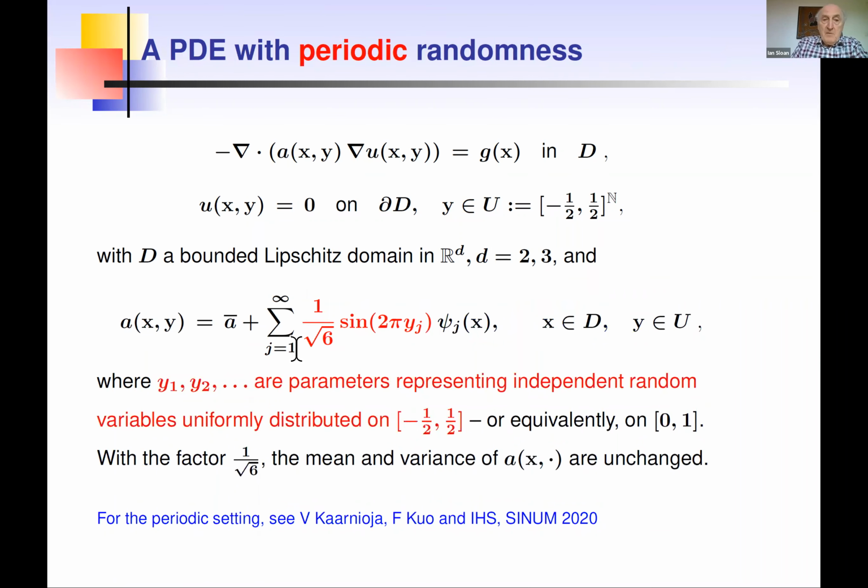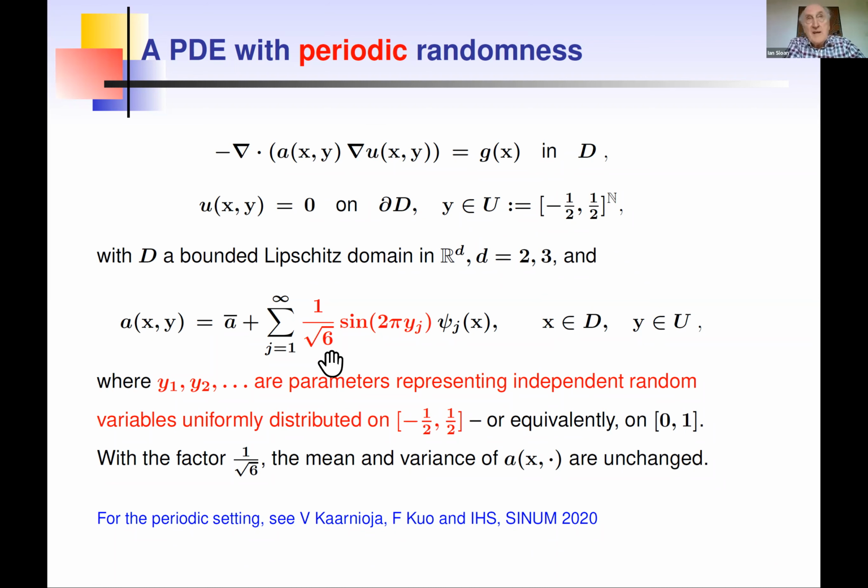So we want to change the problem. That problem is okay, but you can get a more easily solved problem by making a small change. Instead of y_j, as we just had in here, we now have 1/√6 sin(2π y_j). I'm now quoting from a recent paper with Vesa Kaarnioja and Frances, in which we decided to change the model.